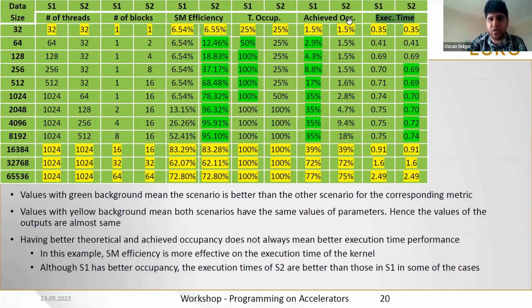And for the achieved occupancy metric, the first scenario is better than the second one where the data size is between 2^6 and 2^13. These are expected results, as I told you before, because we try to distribute the blocks evenly to the streaming multiprocessors for the second scenario, and we try to increase the theoretical occupancy for the first scenario.